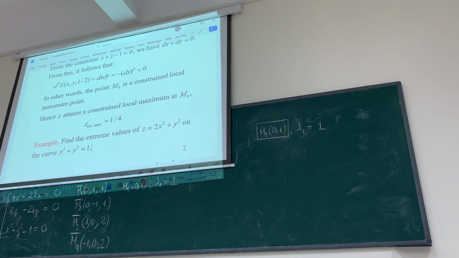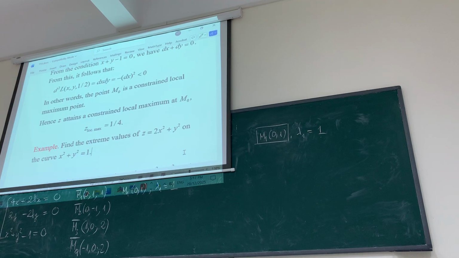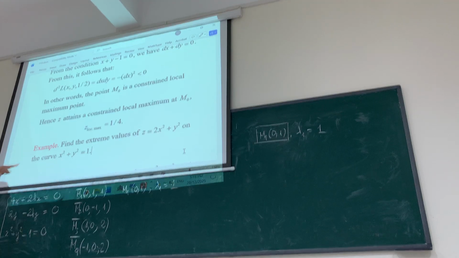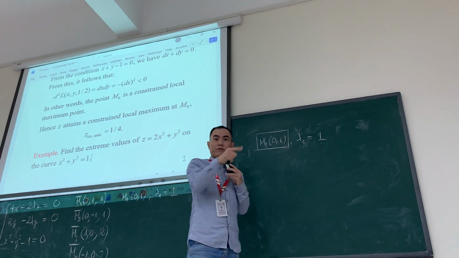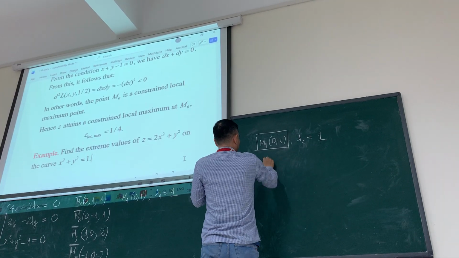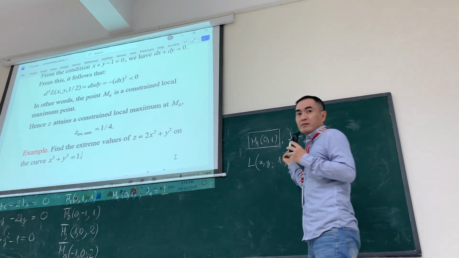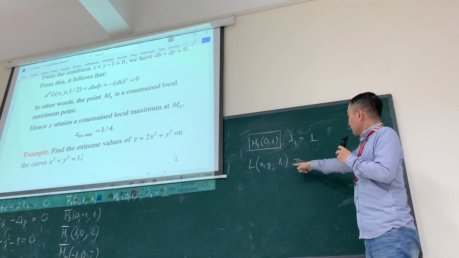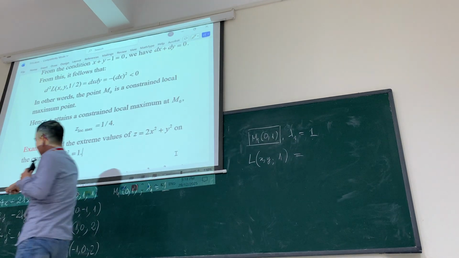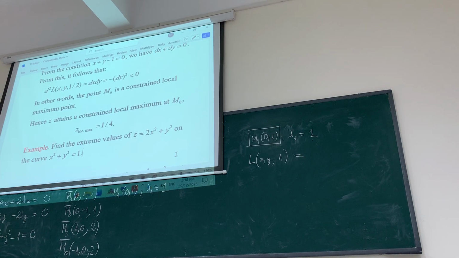Now I want to check this point M1. If you want to check this point, what you need to do? We need to find the second differential d squared L. Now, L at x, y, lambda equals 1, what is it?